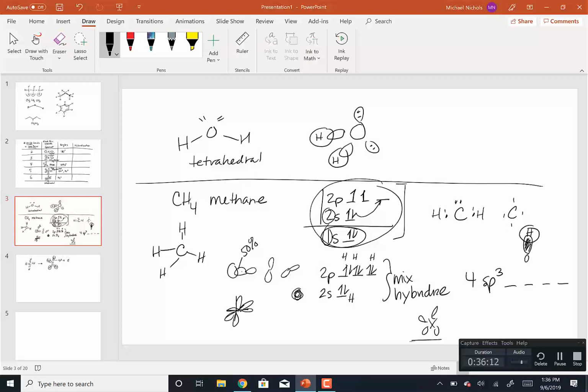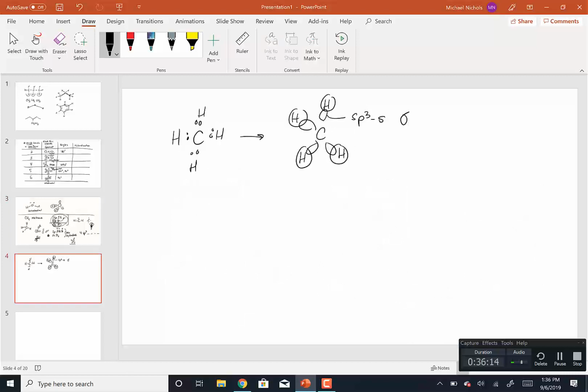Let's say I wanted to form a carbon-carbon double bond. So I would have my 2 carbons with 4 valence electrons, 4 dots. I'm going to bond each carbon with 2 hydrogens. If we're doing Lewis dot structures, we now form the carbon-hydrogen bonds.